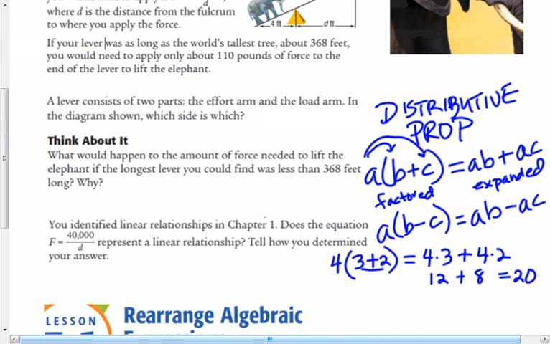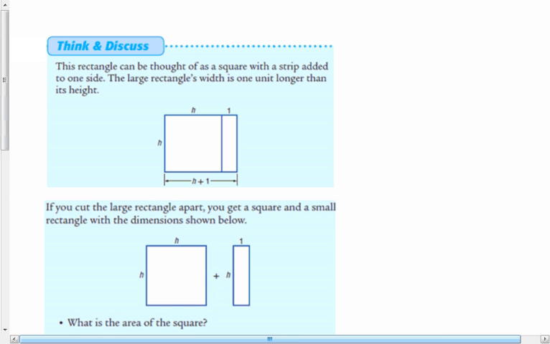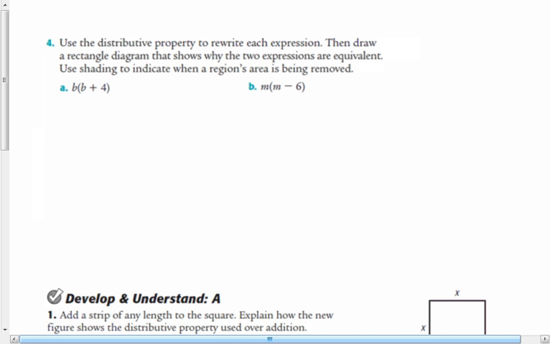All right, so I'm going to do an example here of where you would use the distributive property. Go to page 4. Right here it says use the distributive property to rewrite each expression, then draw a rectangular diagram that shows why they're equivalent. So we're going to use these rectangular drawings.